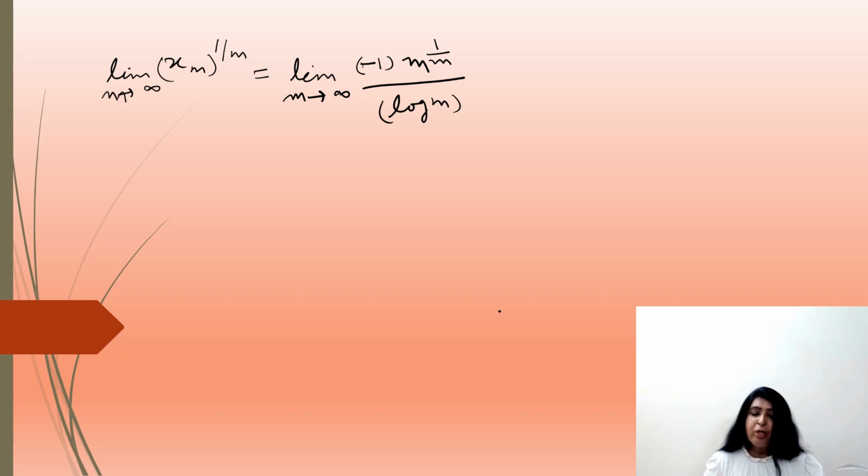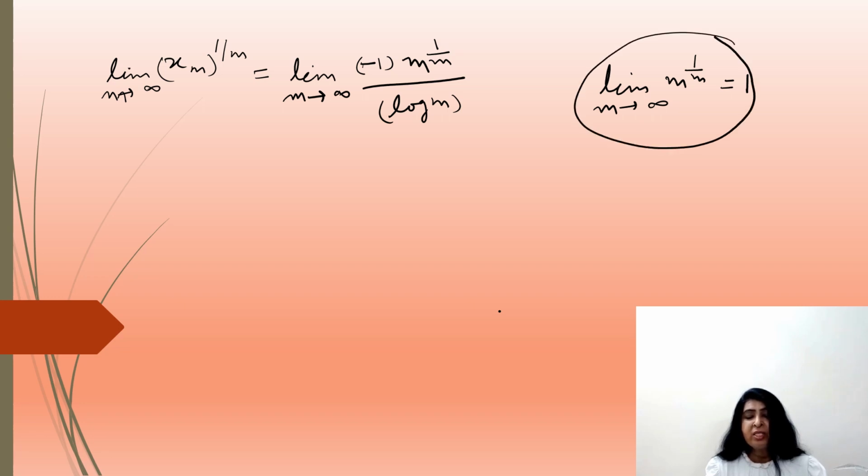Clear? Now we know the result that the limit as m approaches infinity of m raised to power 1 by m is equal to 1. So we will use this result over here. So what will we get?